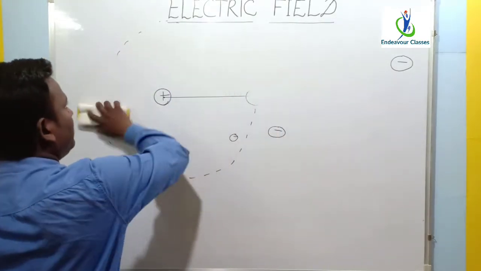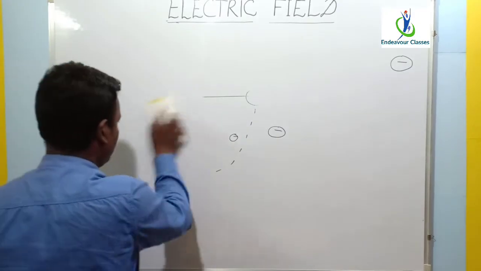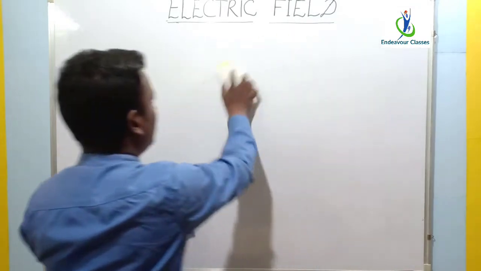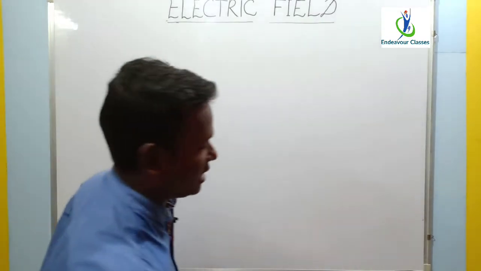Now as the electric field is abstract, in order to represent it or to study the effect of the electric field, we generally take the help of three parameters.